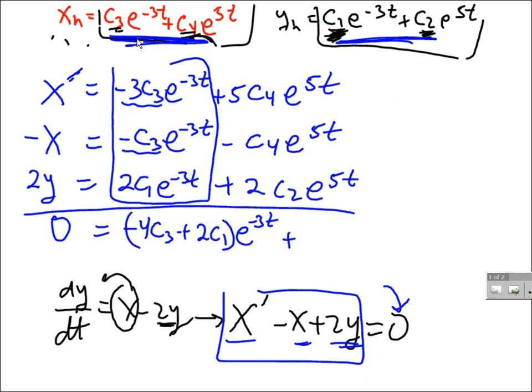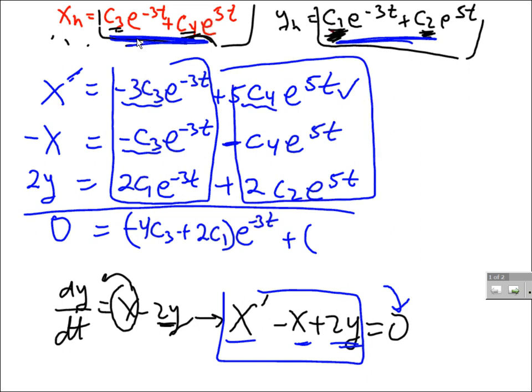Plus, these are all e to the 5t's. I have 5 c4s, and I'm taking away 1 c4. There are 4 c4s, plus the 2 c2s. And this is e to the 5t.